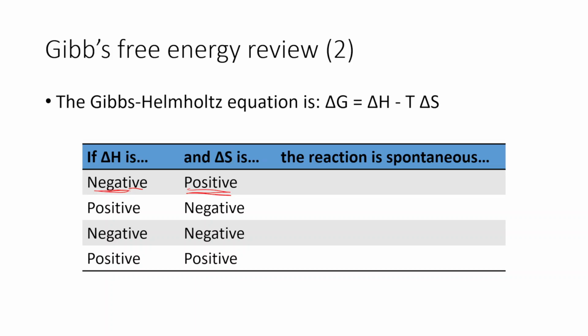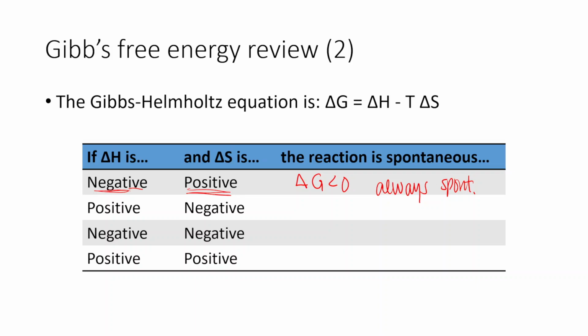So if delta H is negative and delta S is positive, what does that tell us about delta G? It's always spontaneous. That is true because delta G will always be negative. Okay, so if delta H is positive and delta S is negative, what does that tell us about delta G and the reaction?